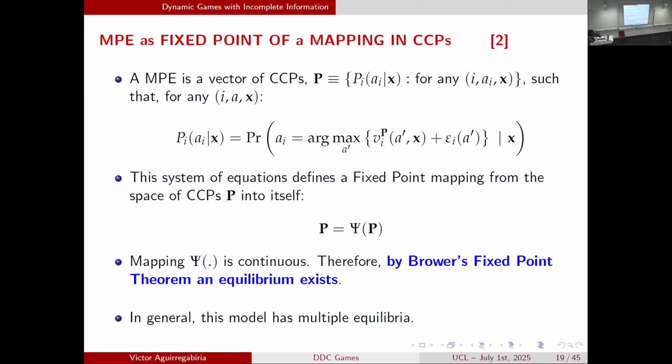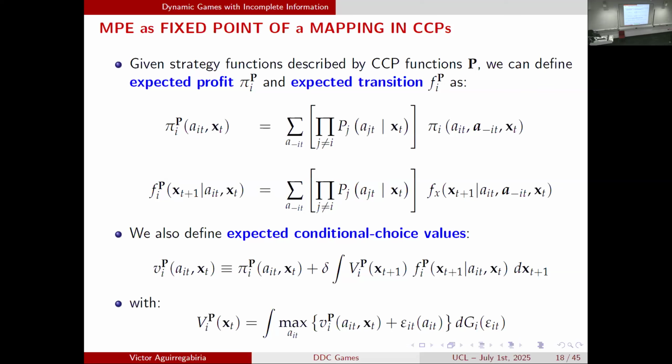And basically, these mappings describe the choice probabilities of player i as a best response to the choice probabilities of the other players that we have used to construct this expected profit, expected transition, and then expected conditional choice value function.